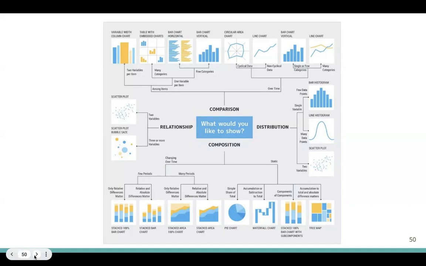If you're doing something at the bottom, composition, this is something you'll often see in industry, non-profit and government contexts. Pie charts are the classic thing you'll see: a static composition, such as what we can attribute our company's annual budget to, or what our annual expenditure was attributable to.